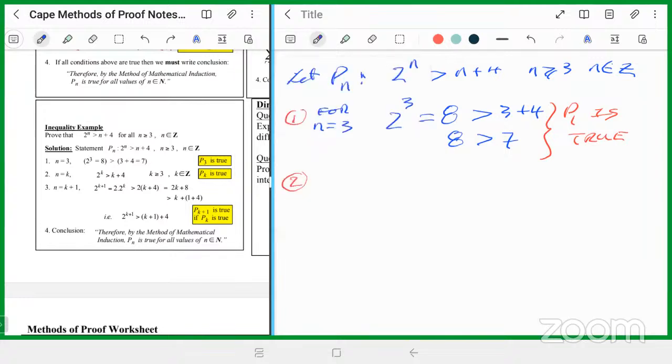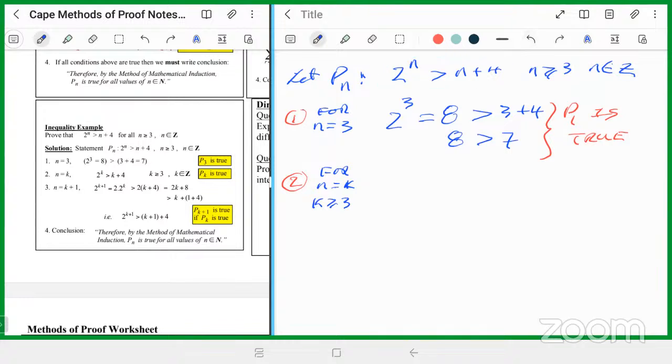Then the second step, it's a simple step, which is for n equals k, and k has to also be greater than or equal to 3. n equals k, it's the n value. You're going to write the statement with the k in it.